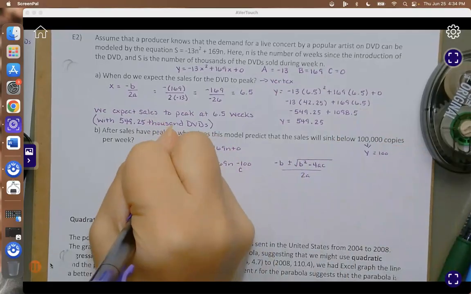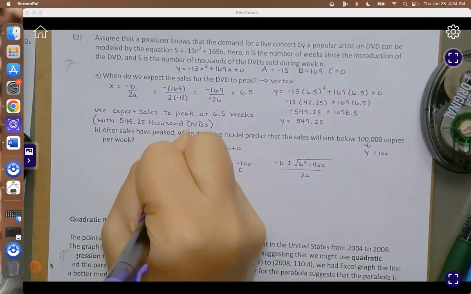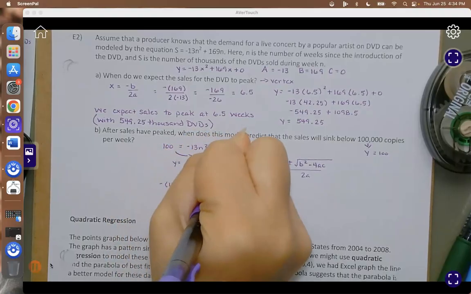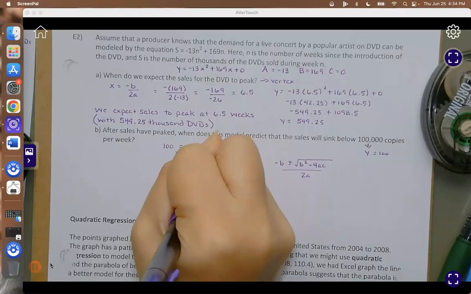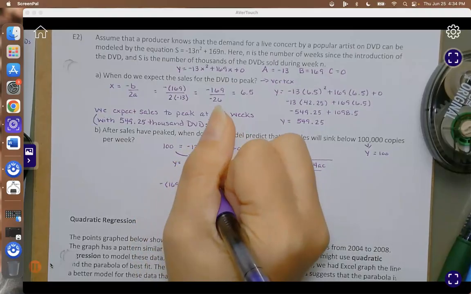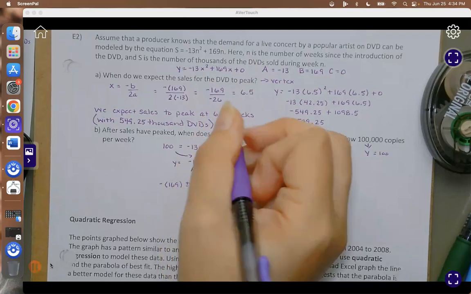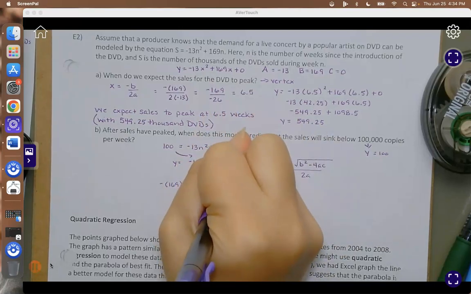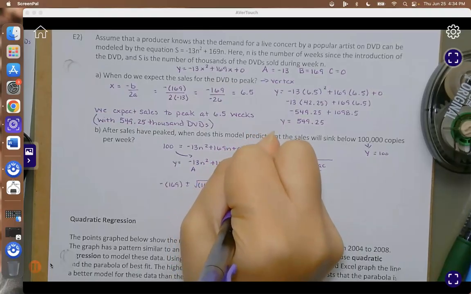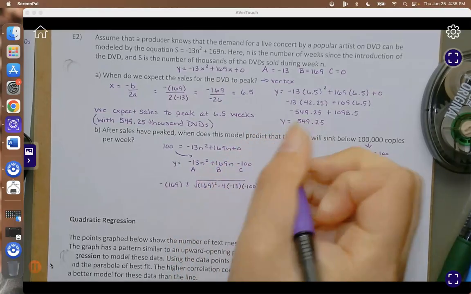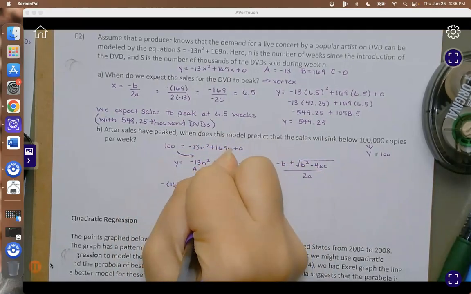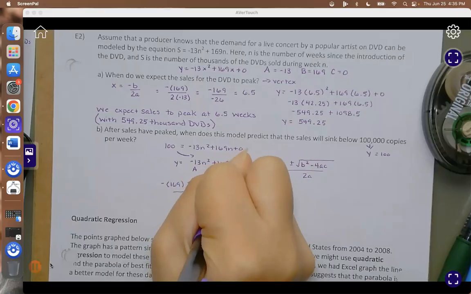Okay, so we're going to do the opposite of 169 plus or minus the square root of 169 squared, then we have a negative 4 times a negative 13 times negative 100, over 2 times negative 13.